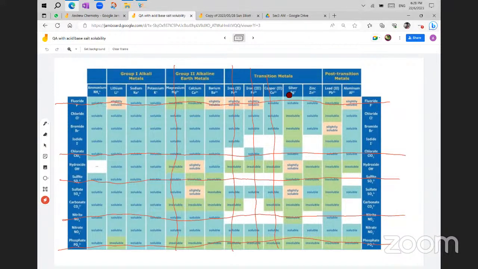They are not together anymore. They are Na plus flying around and F minus flying around free. That's soluble. That's why they dissolve, because they decide to stay apart. What does insoluble mean? They decide not to stay apart. They decide to stay together. That's why they don't dissolve.